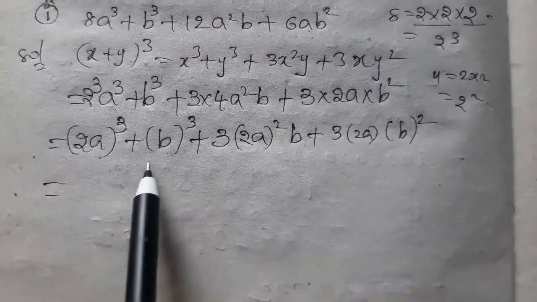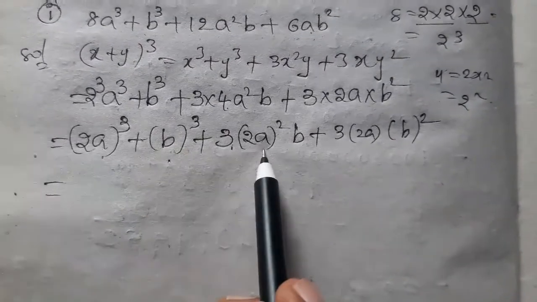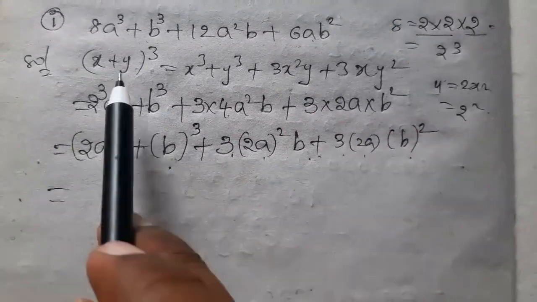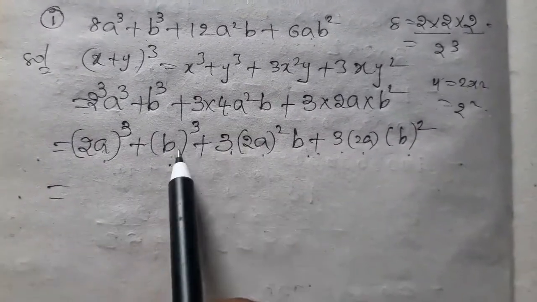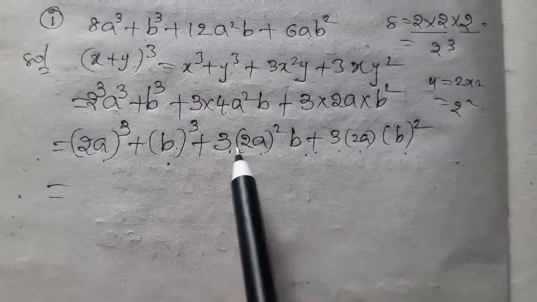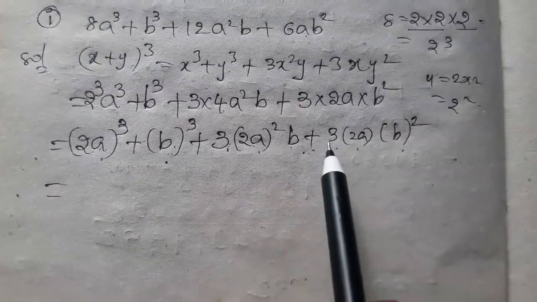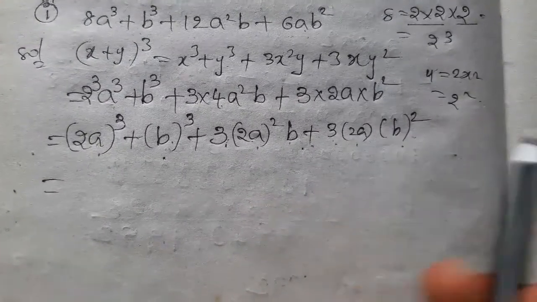See, a cube plus b cube, 3a square b plus 3ab square. See here, x cube plus y cube plus 3x square y plus 3xy square, isn't it?